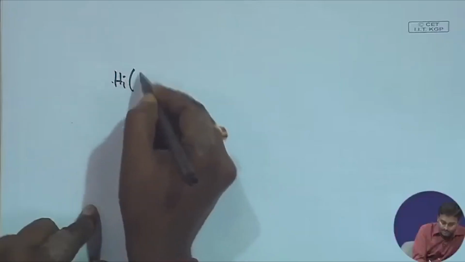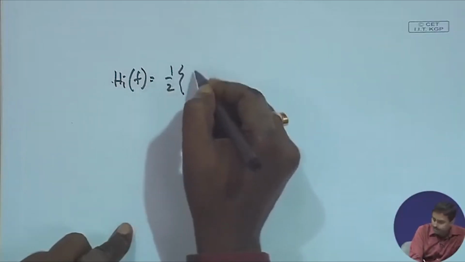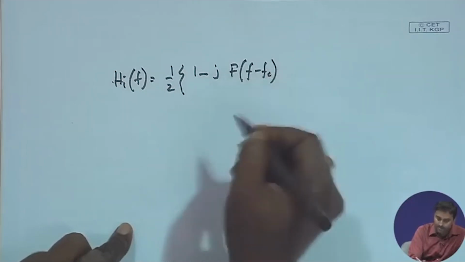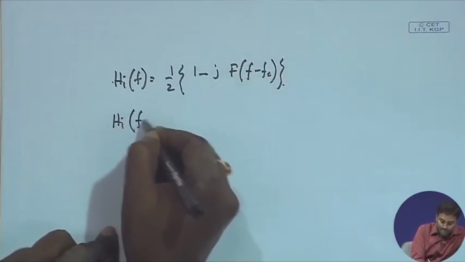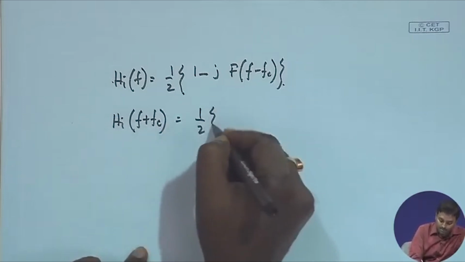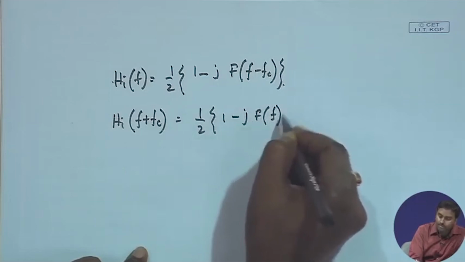If I put that, do I get a contradictory result or do I get something which we have proven already? So, if I just say H_I(f) is half (1 minus j) F(f minus fc), from here I can calculate H_I(f plus fc), which is nothing but half (1 minus j), that should be F(f).